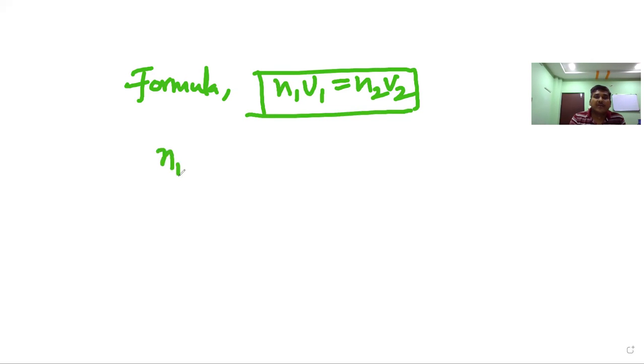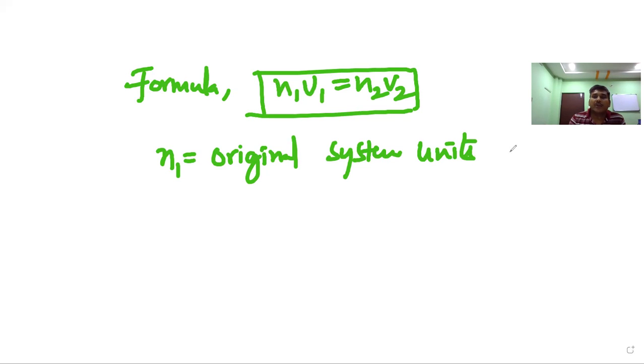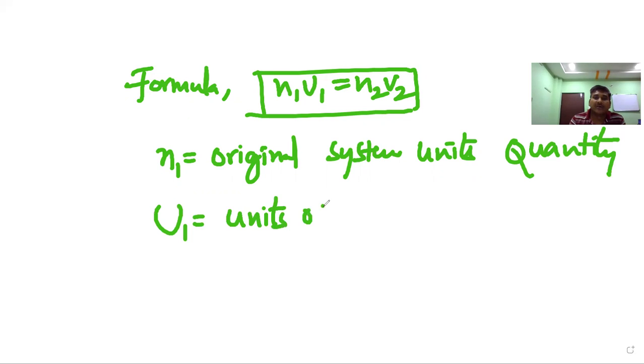N1 is the quantity of the original system of units, or you can write the quantity in the original system of units. And U1 is the units of the original system from which you want to convert.